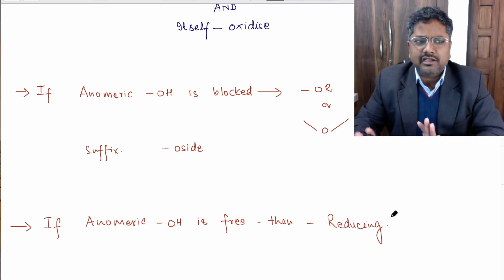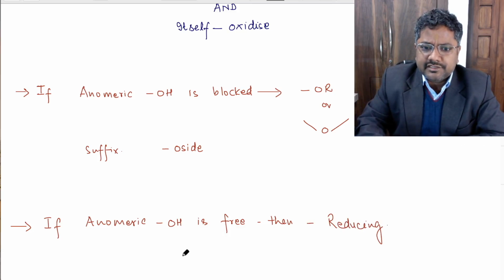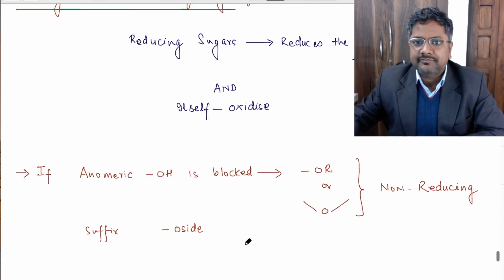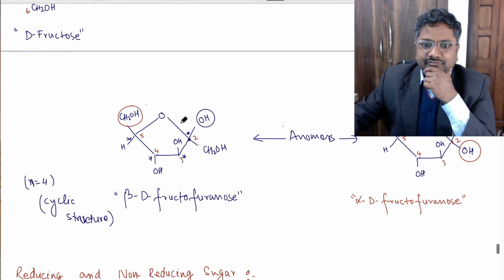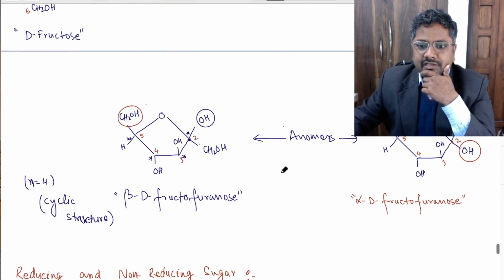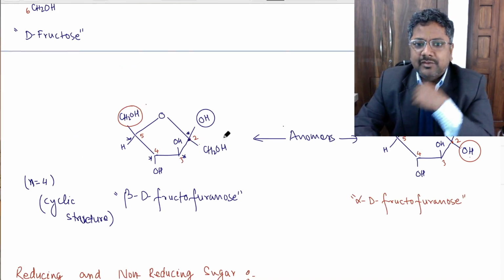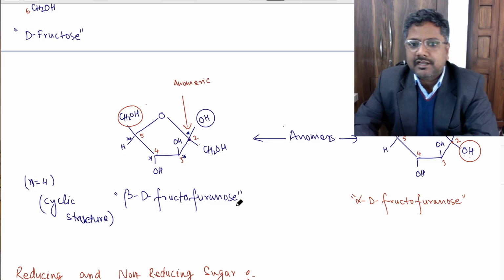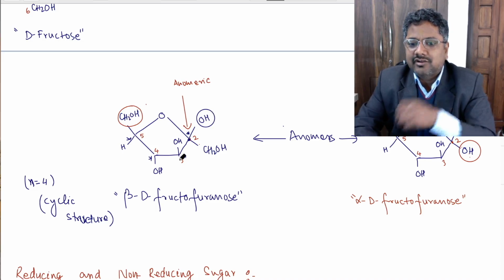So this is a clear concept, and in this case the suffix we add is -ose, right? Now see, you have the fructose structure. Identify the anomeric carbon. The anomeric carbon is this, carbon number 2. This is the anomeric OH. Don't see CH2OH. The anomeric OH is free, in the form of OH. So this is what? Reducing.